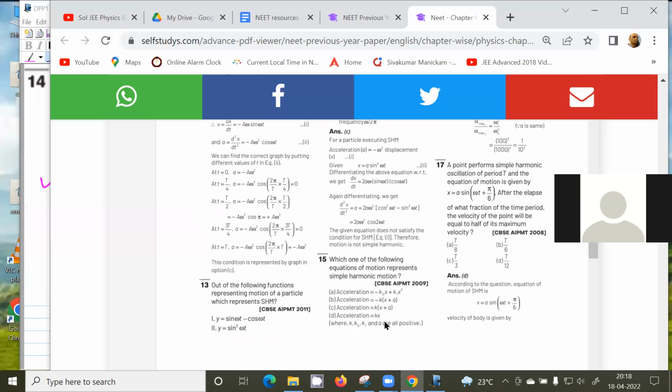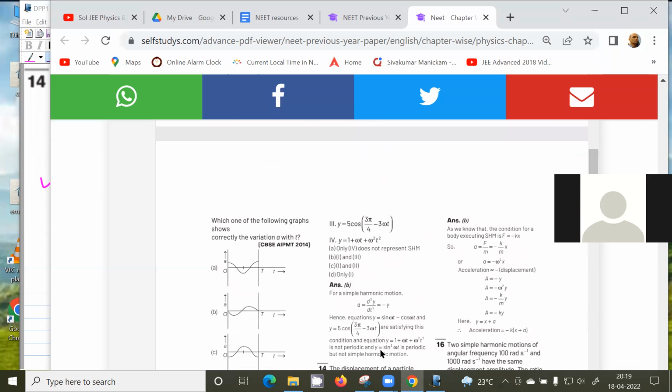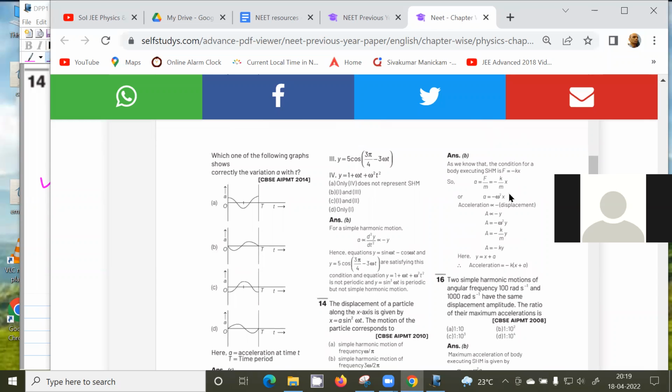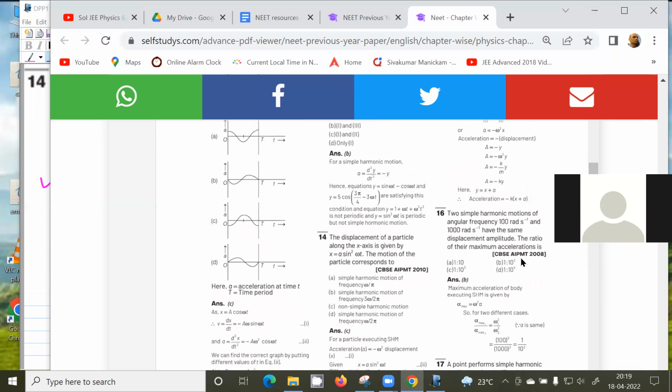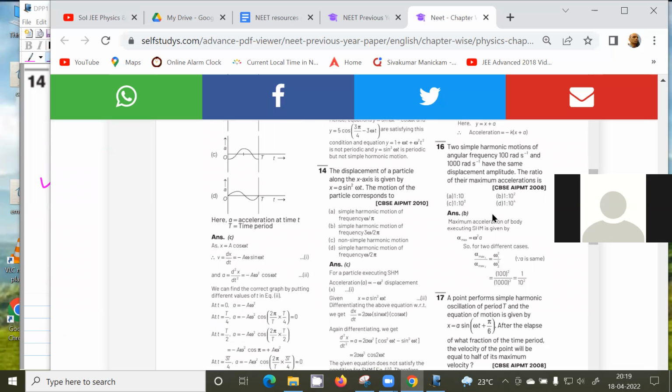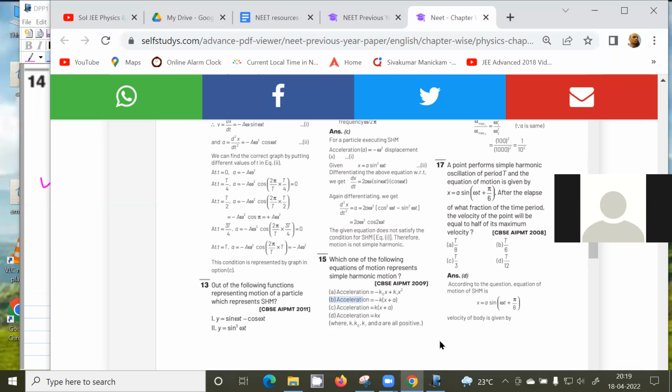So the correct option is option B. And if k was a negative constant, then option D is the right one, master. Yeah, but he has given us positive.